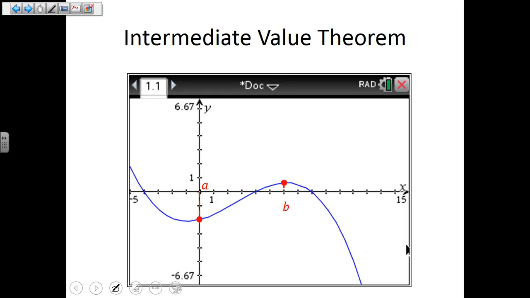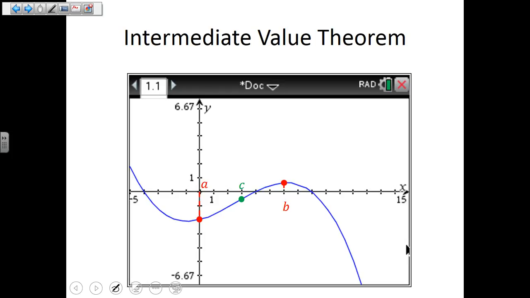If I choose any value between a and b, its y value has to be between f of a and f of b. If I can draw smoothly from a to b on my graph, then that has to be true in the y direction as well. I have to include every single y value between f of a and f of b.